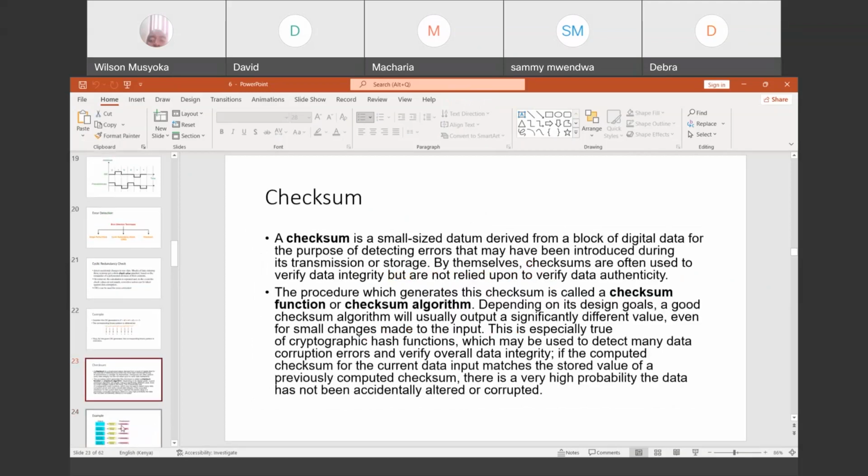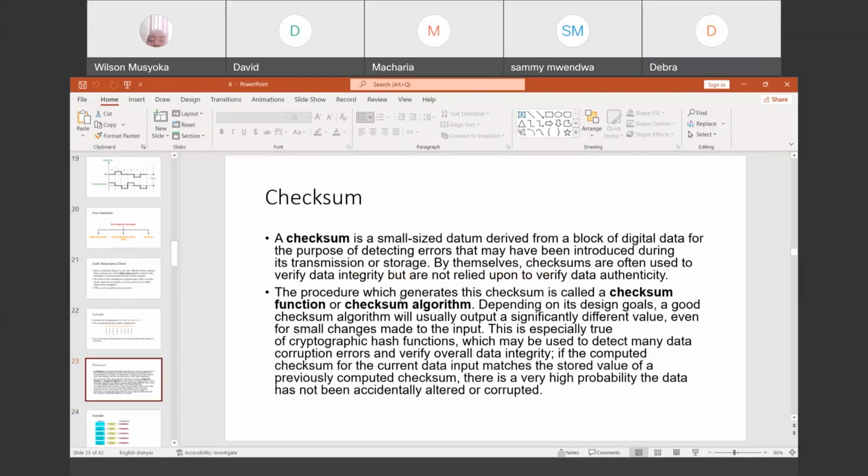Then we have the other one, which is a checksum. A checksum is a small sized data which is derived from a block of digital data for the purpose of detecting errors. And this checksum is used to verify the integrity of the data. How does it work?